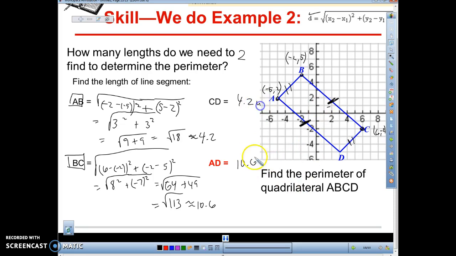So we're going to calculate the perimeter. Perimeter equals 2 times the length, which is 10.6 units, plus 2 times my width, which is 4.2 units.